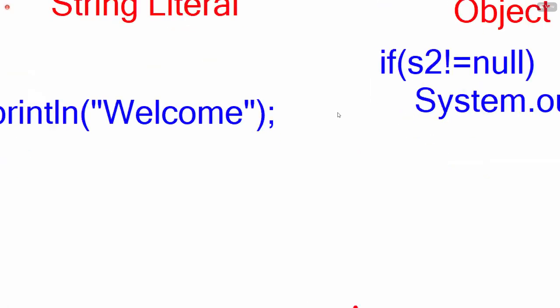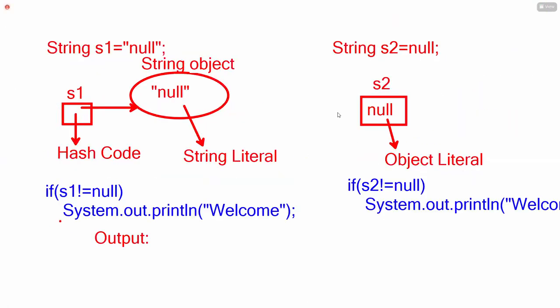Now here, not equal to null, all these will check not content, but the reference, the hash code. So S1, what will be there? Hash code. Hash code not equal to null, true or false? Here what does S1 contain? Hash code. Hash code not equal to null, true or false? Then what is the output?